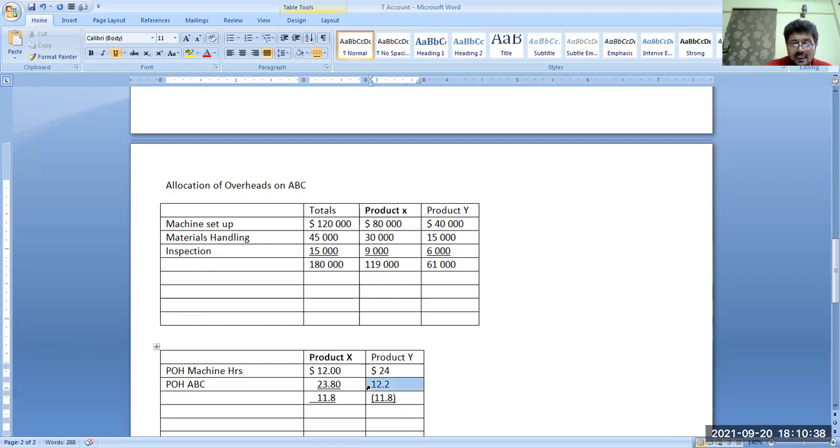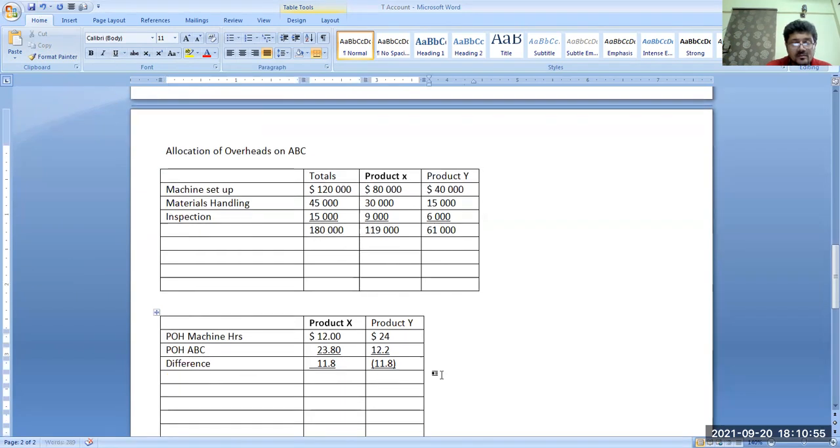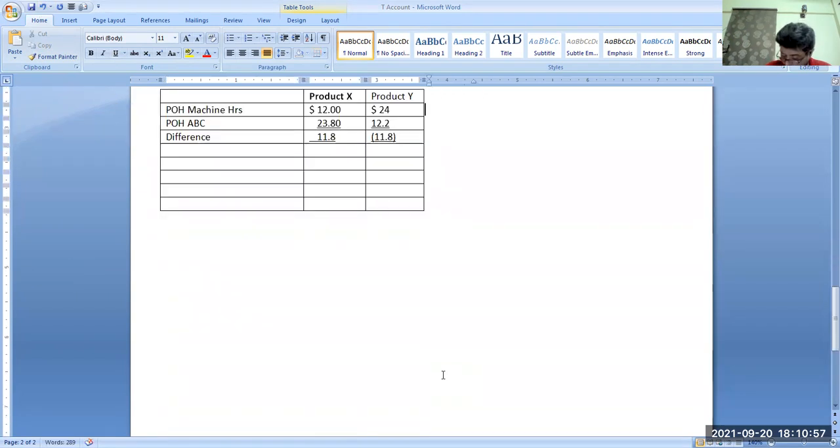Are you getting my point? So whatever is increased in product X, it's decreased in product Y. Okay, getting my point now.